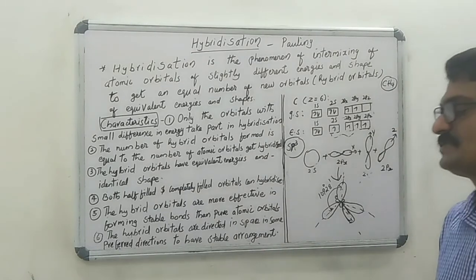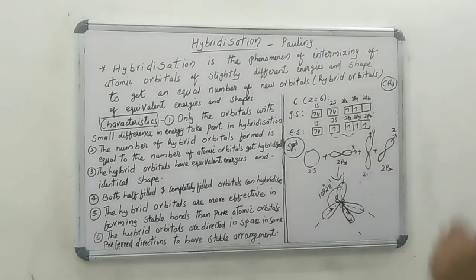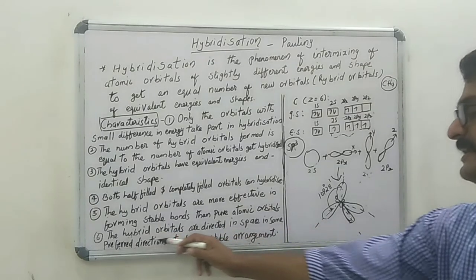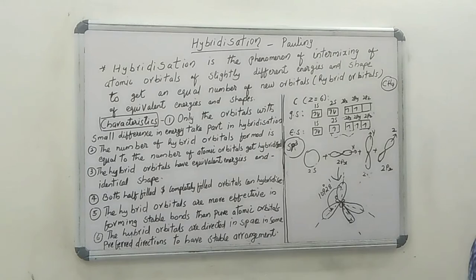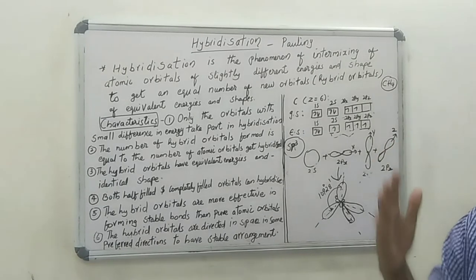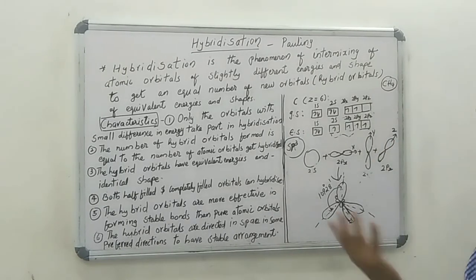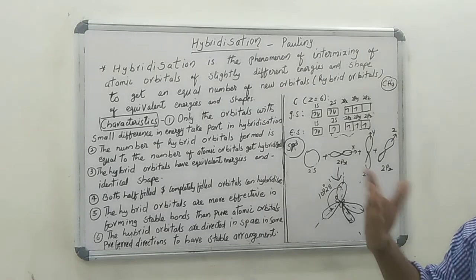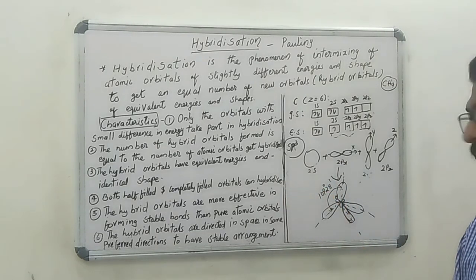Then the last characteristic: the hybrid orbitals are directed in space in some preferred directions to have a stable arrangement. Already we know these hybrid orbitals are nothing but electron clouds. According to VSEPR theory, these electron clouds repel each other and try to stay as far apart as possible to acquire a state of minimum repulsion or maximum stability.